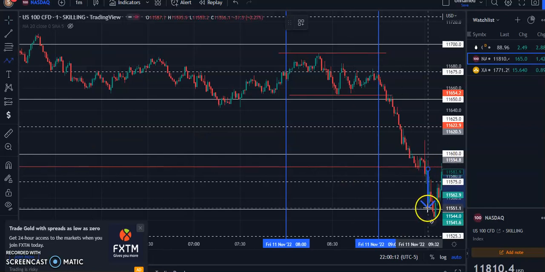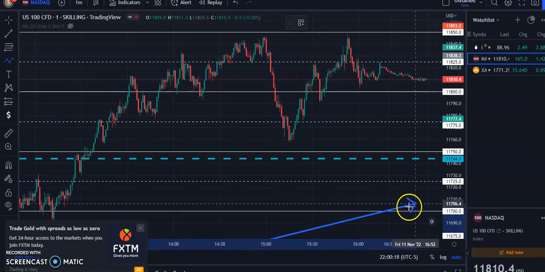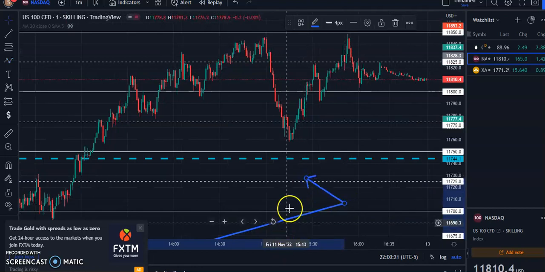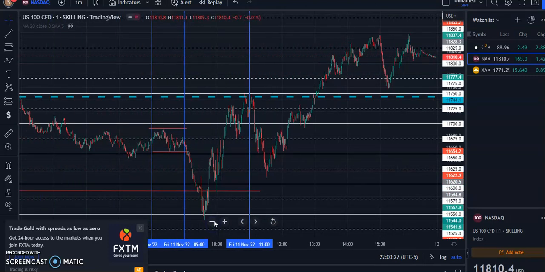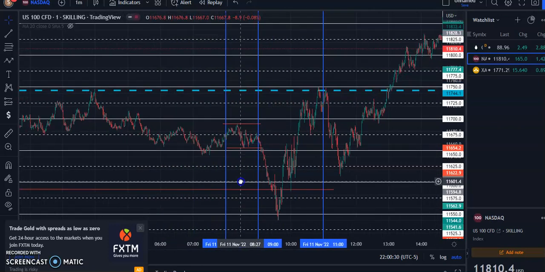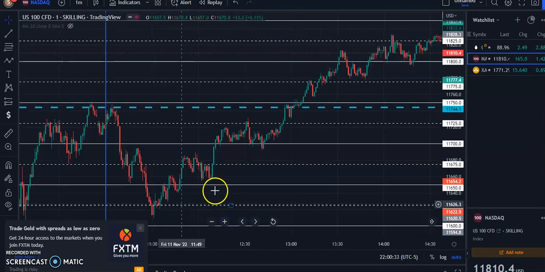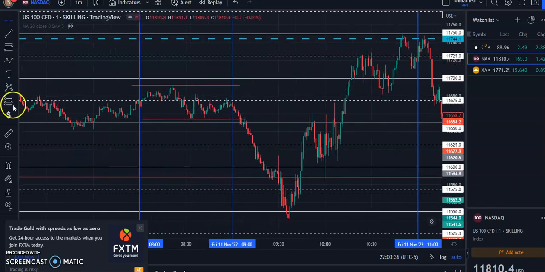The left shoulder, then the head, okay, as you can see, they gave us our left shoulder, our head, and then our right shoulder for the breakout, breaking structure, pullback, engulfment.